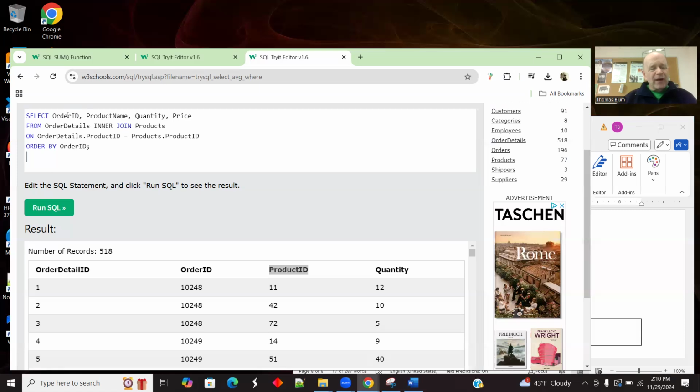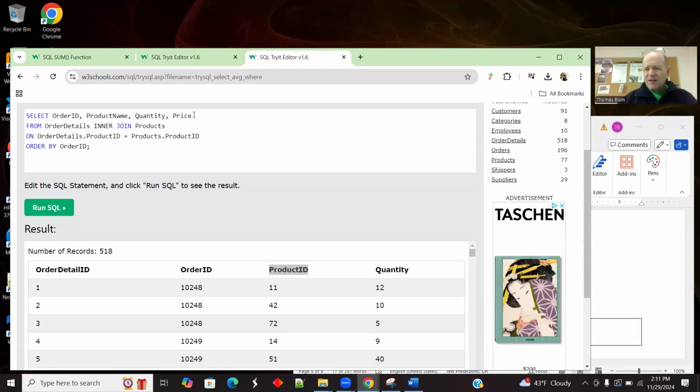And we're just showing order ID, product name, quantity, price. And these properties are all unique. If I had put in product ID, then I would have had to specify the table as well as the field name because it's shared.